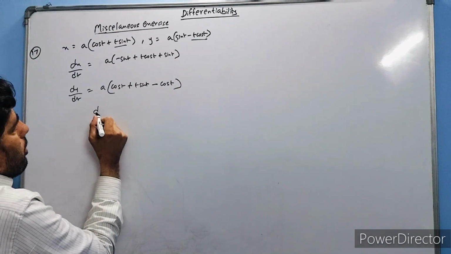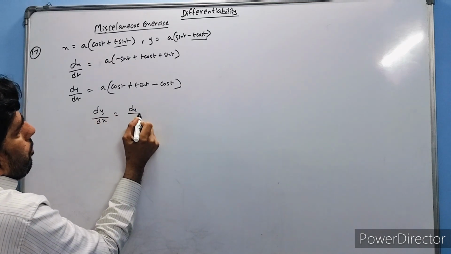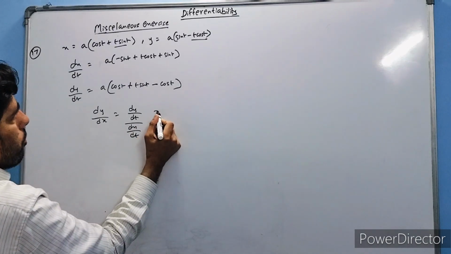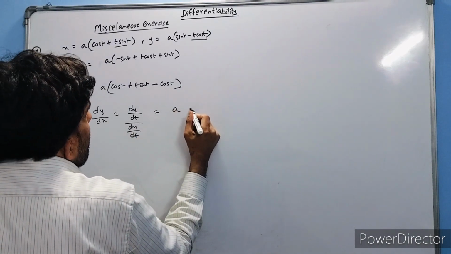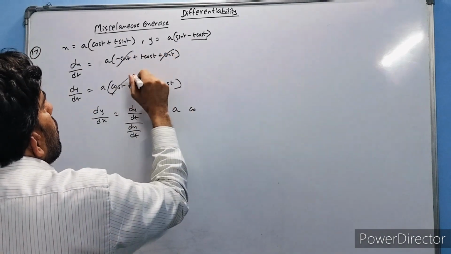Now what we can find, dy upon dx, it will be dy upon dt upon dx upon dt. So what we have here, a cos t cancels out.